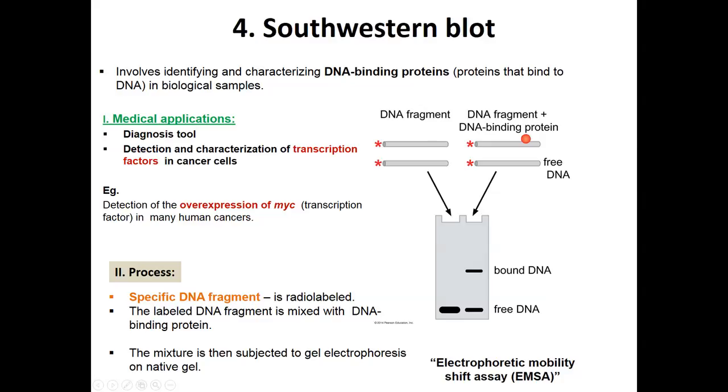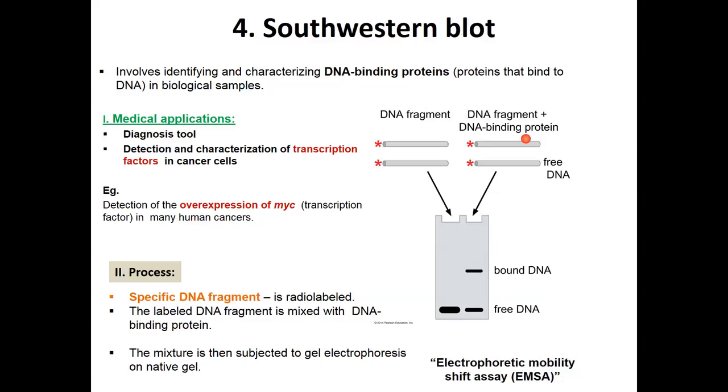Okay? Now, this is your mixture. You see the transcription factor has recognized this binding sequence and bound to it, and you run it on the gel. If the MYC is present, the band will shift. Right? If the MYC is not bound, the probe is smaller compared to the complex, so the probe will move a little faster. But the complex will move a little slower because it is larger.